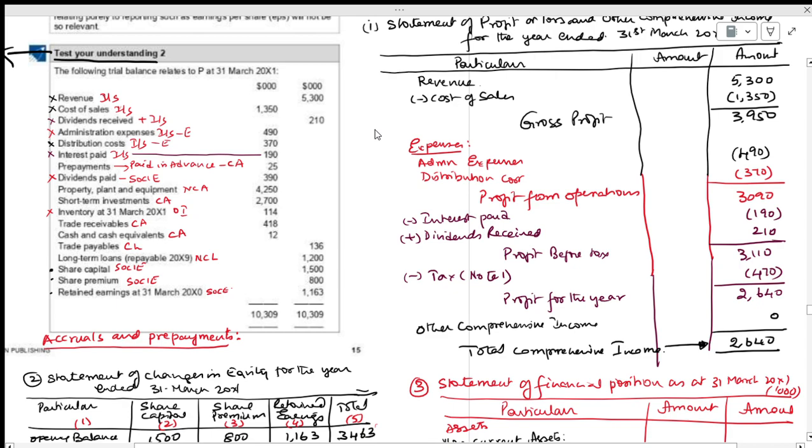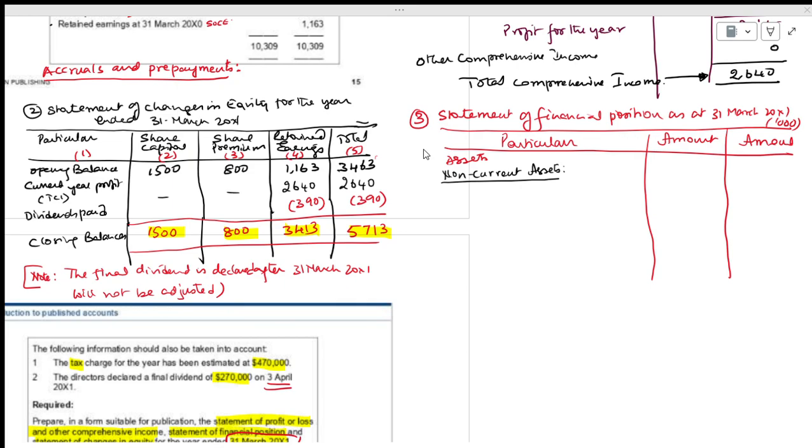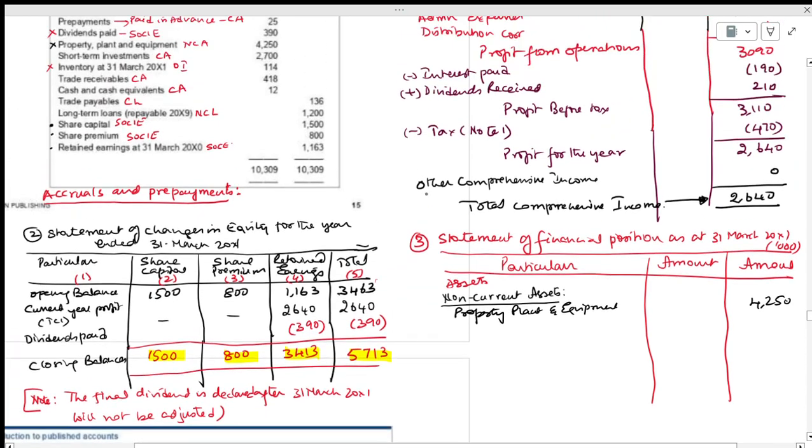Property, plant, how much is there? 4,250. Next.